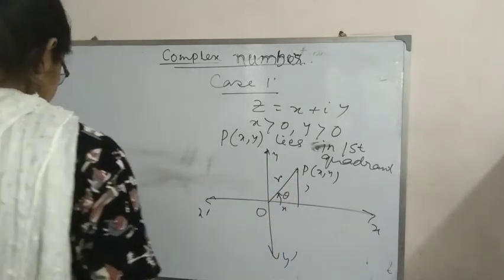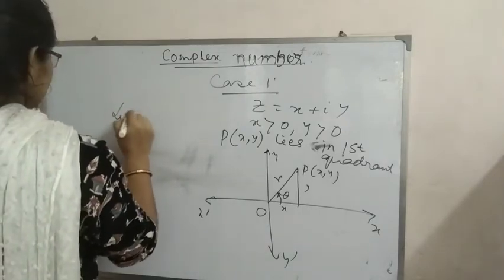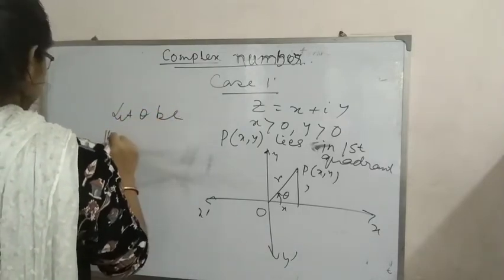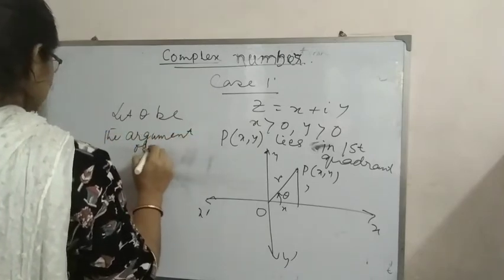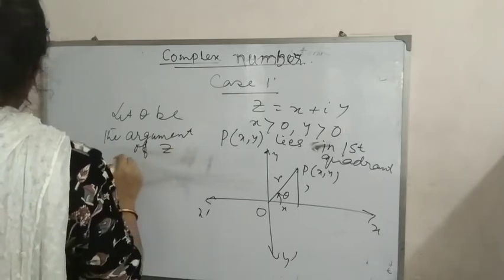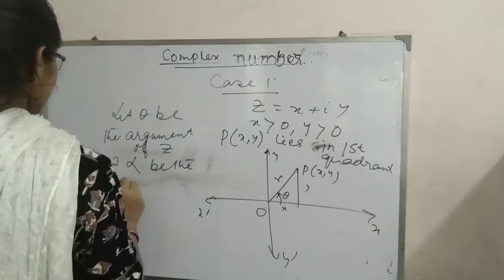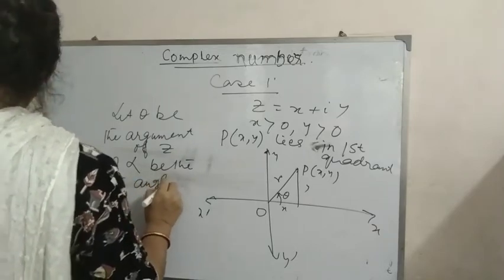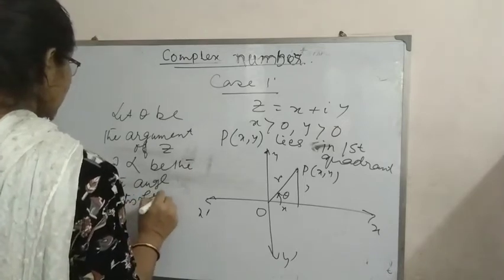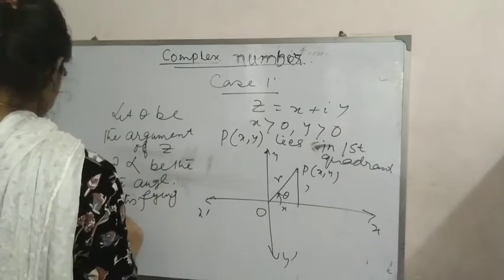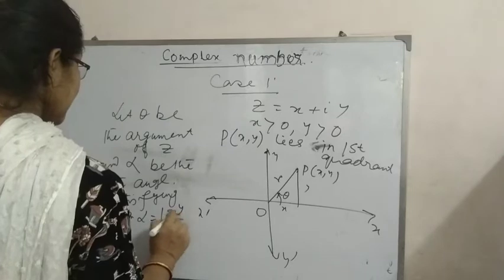Here let theta be the argument of z and alpha be the acute angle satisfying tan alpha equal to mod y by x.